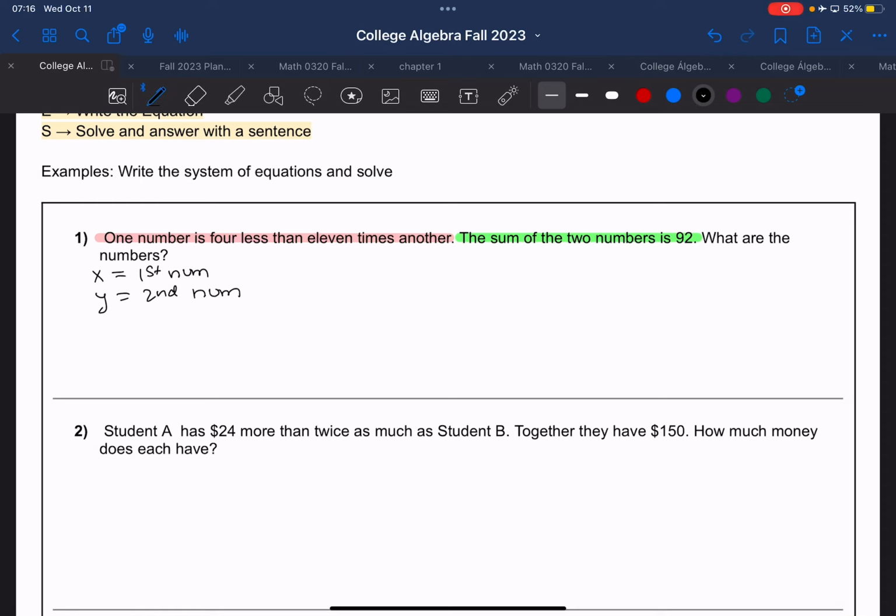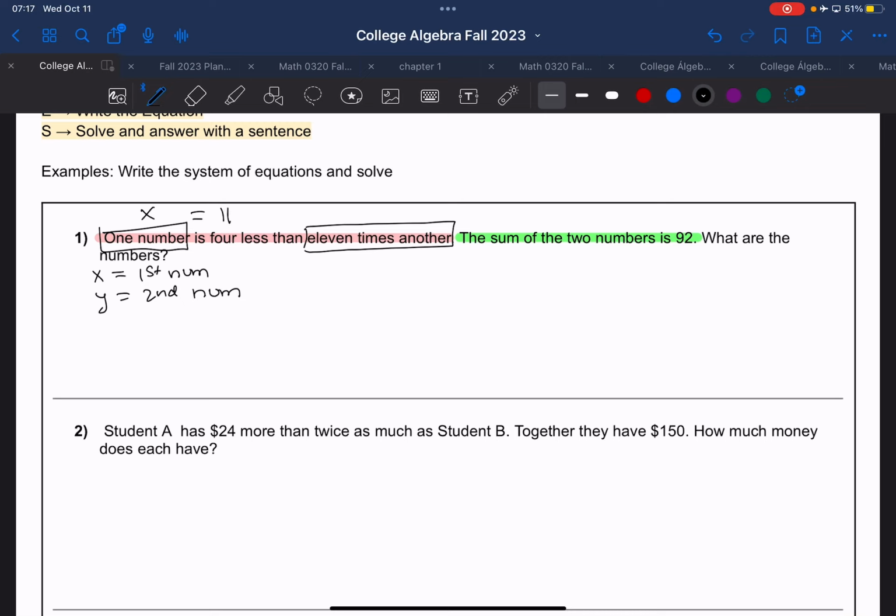Okay? So now looking back at this equation, we have one number, so let's say this is X because it's the first one mentioned. Is means equal, 4 less than 11 times another. So first looking at this 11 times another tells us this is going to be 11, what?